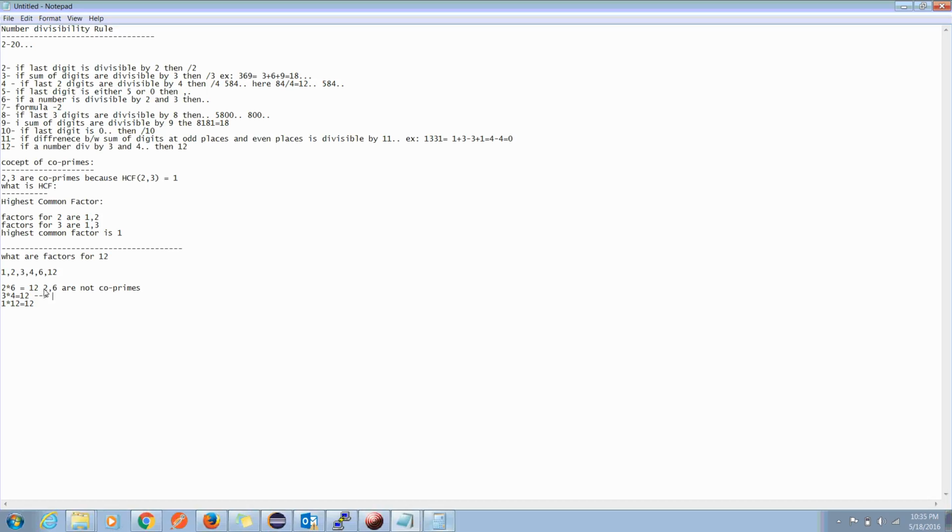If the number is divisible by 3 and 4, then that number is divisible by 12, because here 3 and 4 are coprimes, and the multiplication of these two coprimes gives that number. So you have to pick those kinds of numbers if you want to find the divisibility rule. You will understand this later for other numbers.